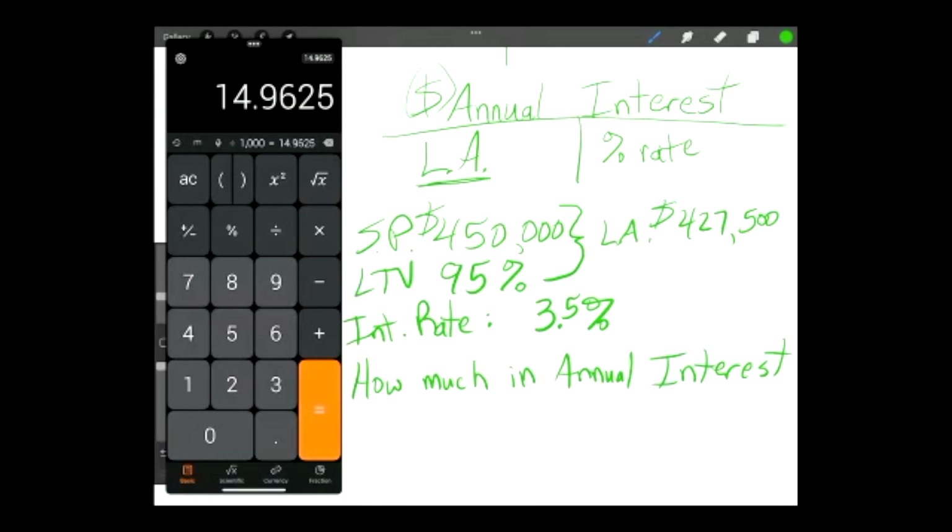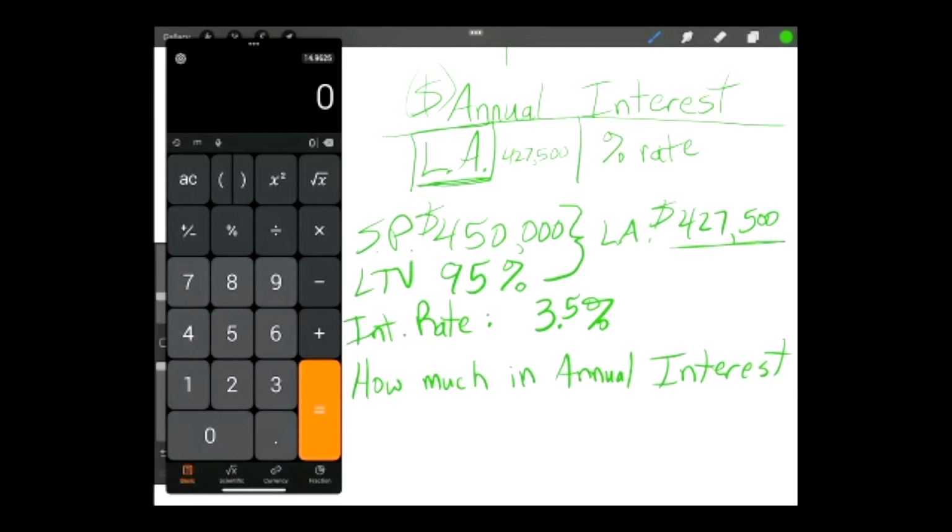And that's not something you need to do in this problem, because this is a different problem than the last one. The last one was the loan factor. Oh. So what you need to do this time does not include dividing anything by 1,000. You just need to identify the loan amount, which we did. We've got that as 427.5.